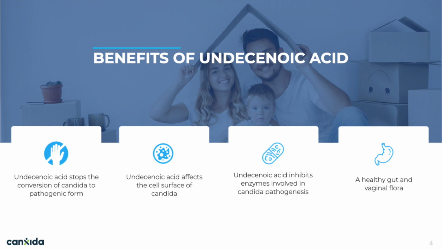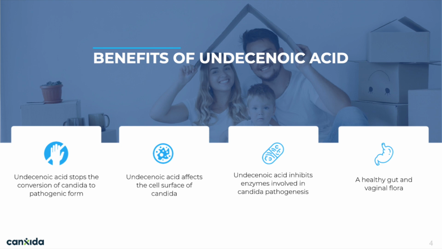In a study conducted by McLean and colleagues, it was seen that undecenoic acid did not allow Candida to convert from the yeast to the pathogenic hyphal or filamentous form when this was coated on denture linings. And a lot of people with dentures will tell you that it's not hard to get a problem in the mouth, the cheeks, and you can certainly get all types of infections in there, particularly fungal ones.